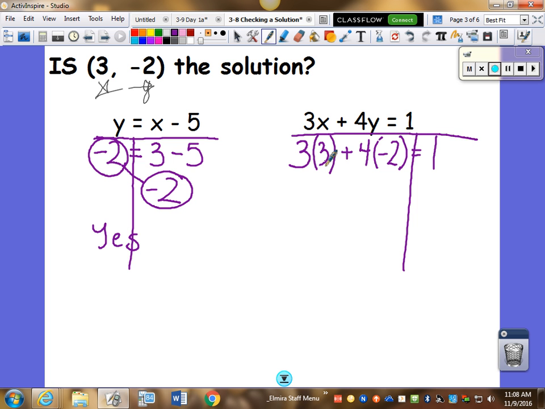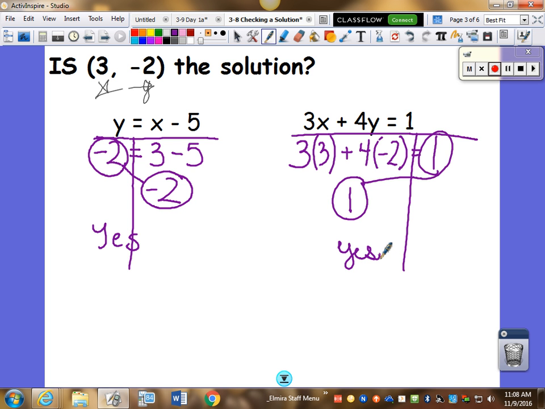So 3 times 3 is 9. 4 times -2, that's -8. It does equal 1. Now, if you don't do that in your head, then you can do it on a calculator, either way. In fact, if you're not good with your positives and negatives, I would really encourage you to use a calculator instead. Okay, so those came out the same, so that's a yes.